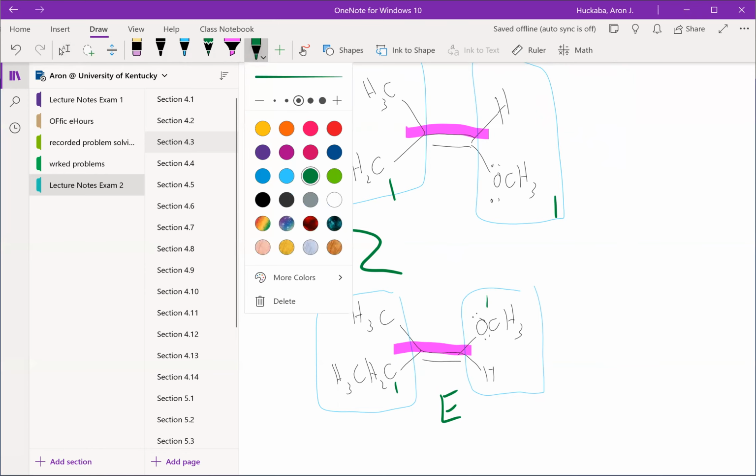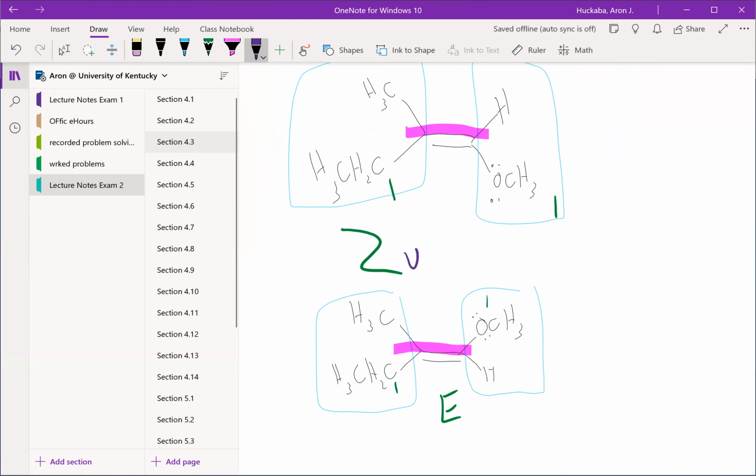So Z stands for zusammen, which means same in German, and E stands for entgegen, which means different.